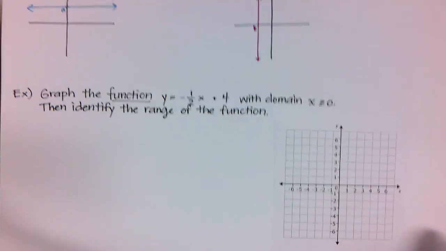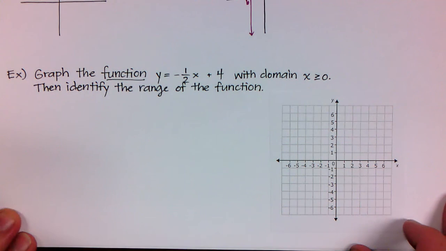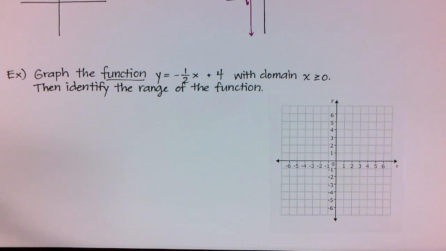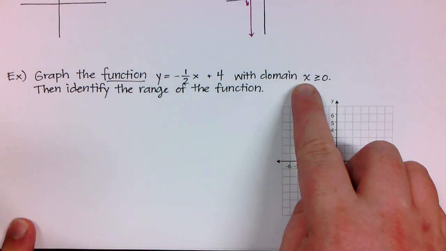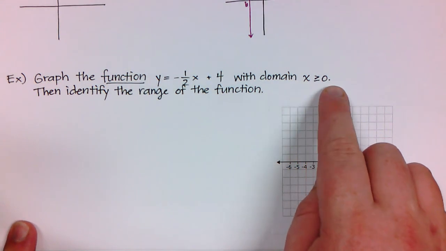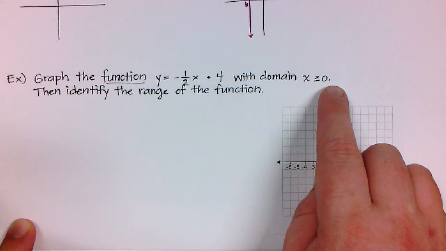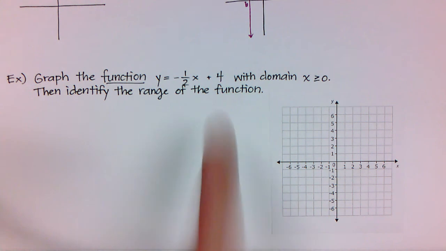This one says to graph the function y is equal to -1/2 x plus 4, and this time the domain is very specific. Any x value as long as it is greater than or equal to 0. So we want to graph this function with this specific domain, and then at the very end we want to identify the range.